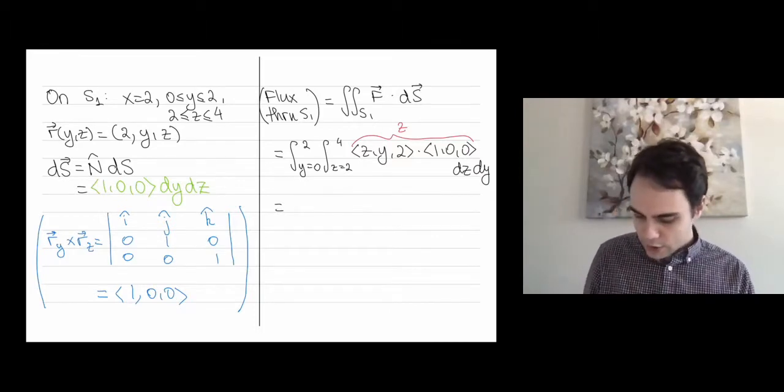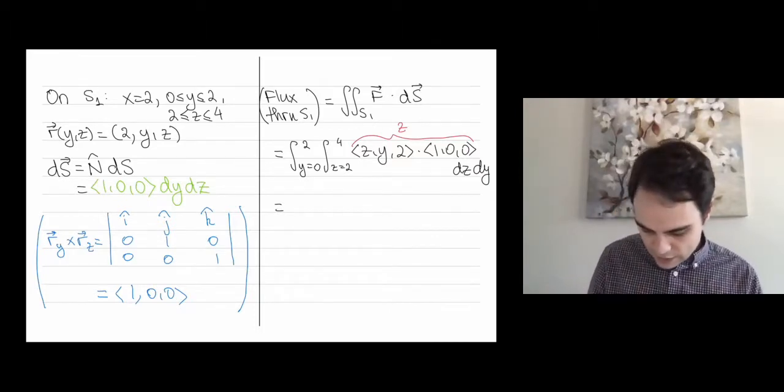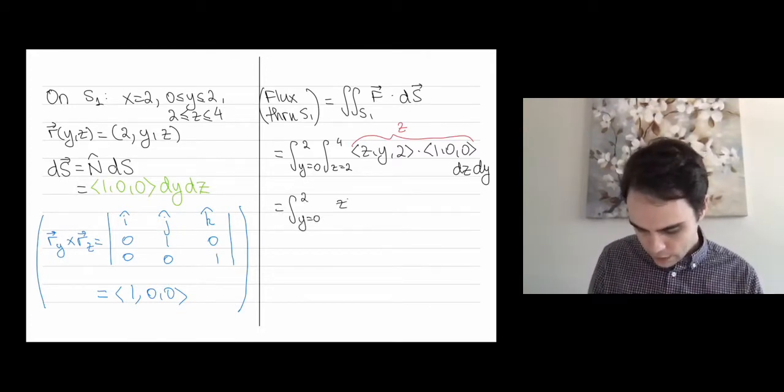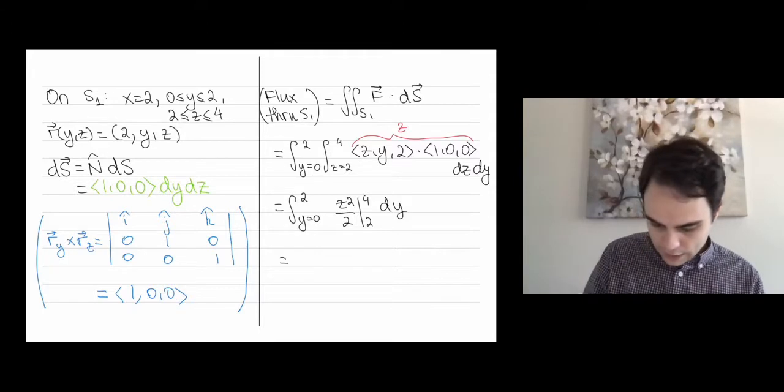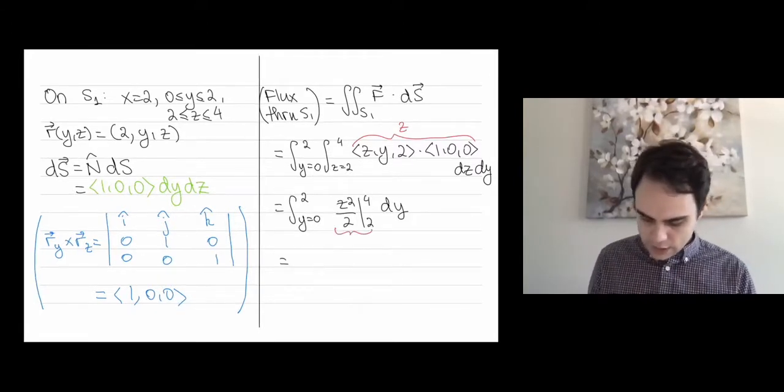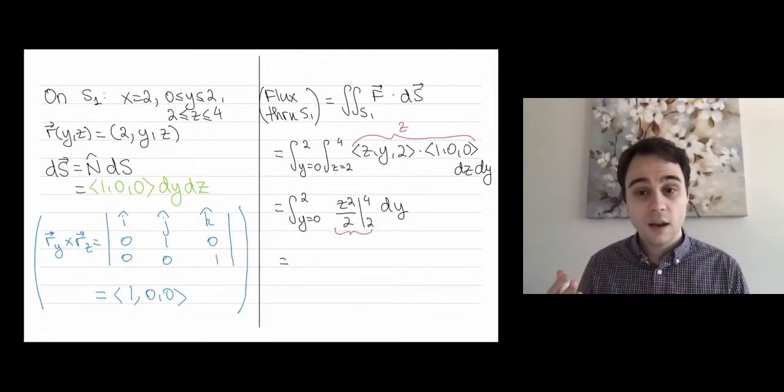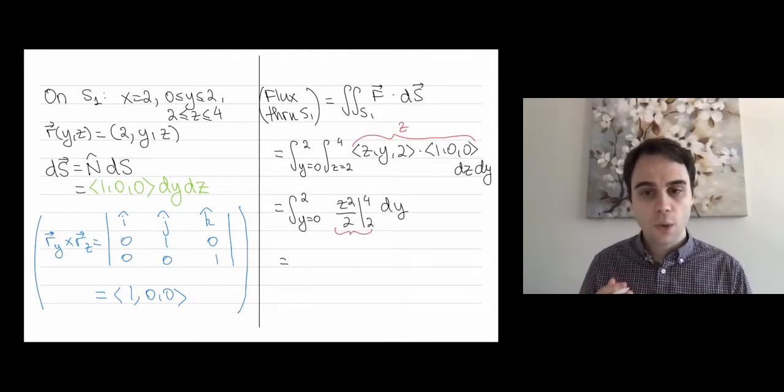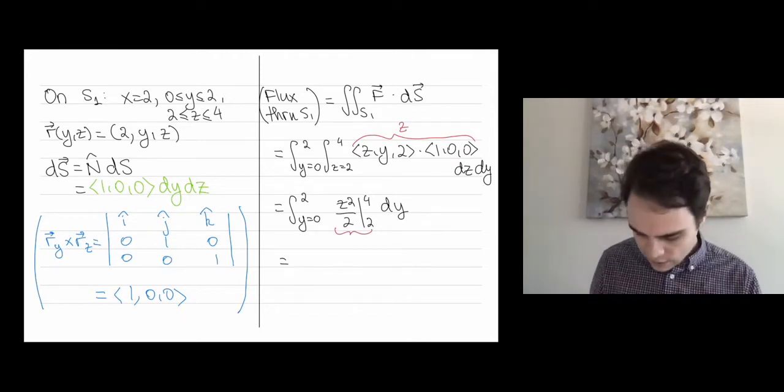Okay, so here we're integrating z with respect to z. I get z squared over 2. So we're just left with the integral from 0 to 2 of z squared over 2 between 2 and 4, dy. Now this thing here, I get 16 minus 4 over 2, that's 6.